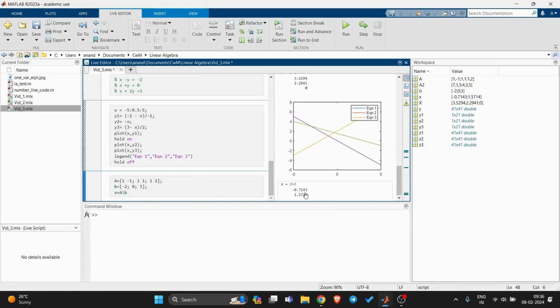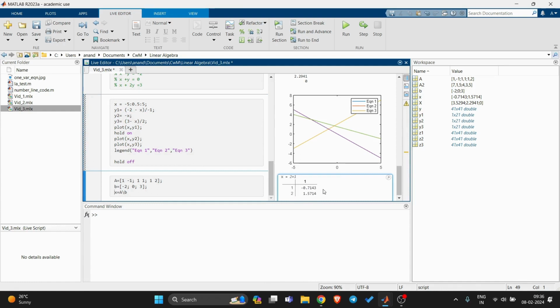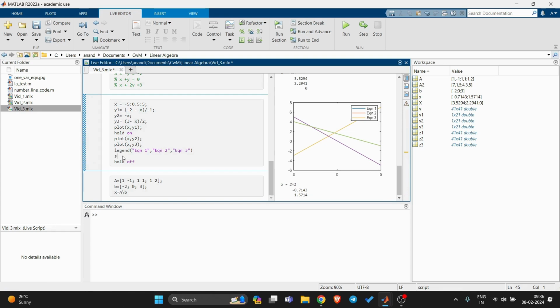So let's see. So this is the point returned by the backslash operator, and let's plot this point in this figure. So let me use the scatter function to prove this. So minus 0.7143 and 1.5714.